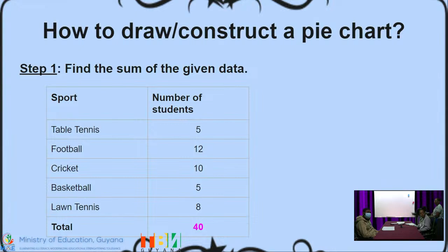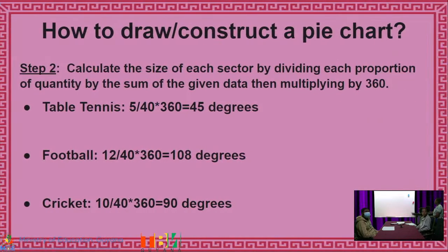From the table tennis. Right. From the data given or collected, you would have noticed that we had the number of students to be 5. So we take the 5 and we put it over the total number of students, which is 40, and we multiply it by the total degree of a circle, which is 360, because we are finding the proportion of that circle for tennis.